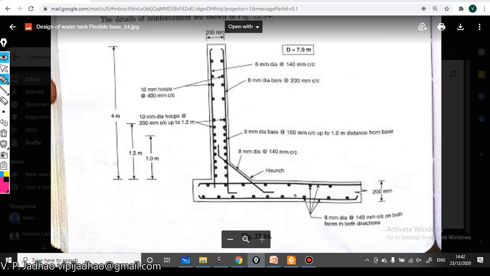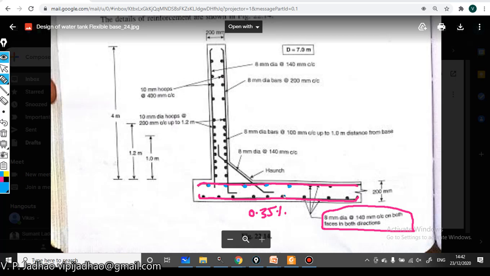Now regarding the reinforcement of your base slab, this reinforcement is provided as AST minimum, that is 0.35% of the cross sectional area. The spacing will be the same in the horizontal direction: horizontal steel at the top, again horizontal steel at the bottom, and then transverse steel will be there, shown by these blue dots.